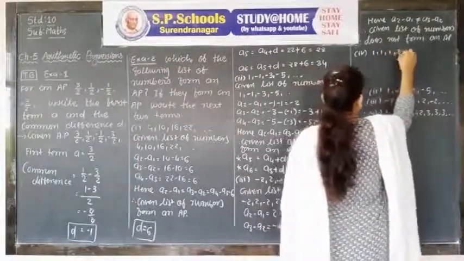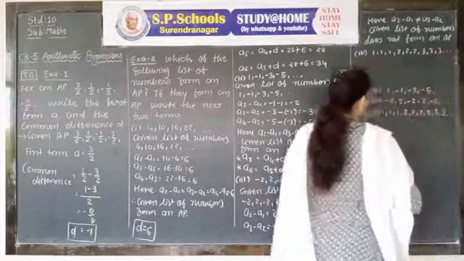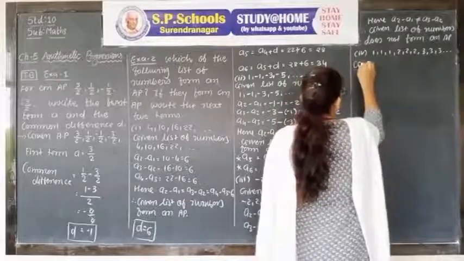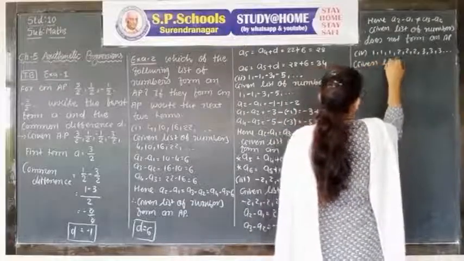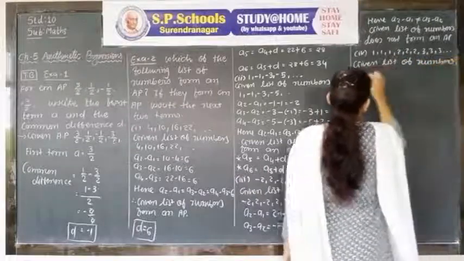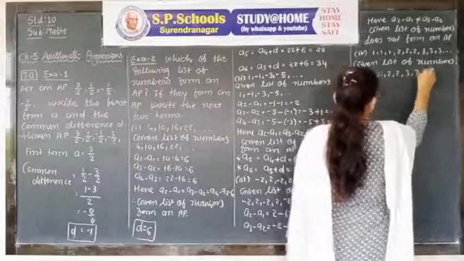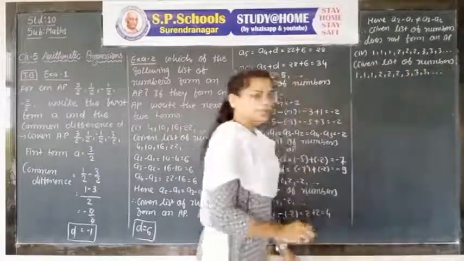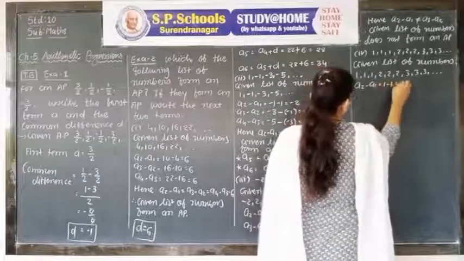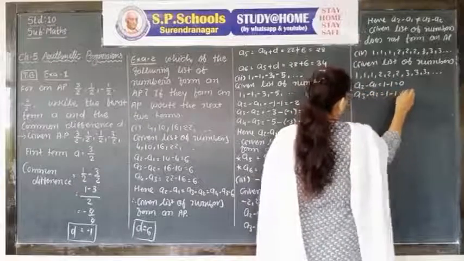The fourth: 1, 1, 1, 2, 2, 2, 3, 3, 3 up to infinity. Given list of numbers: 1, 1, 1, 2, 2, 2, 3, 3, 3 up to infinity. Find the difference. A2 minus A1 is equal to 1 minus 1, 0. A3 minus A2 is equal to 1 minus 1 is 0.